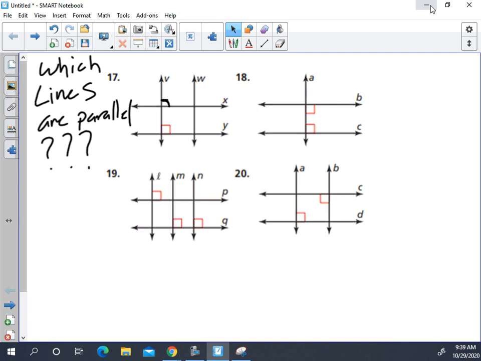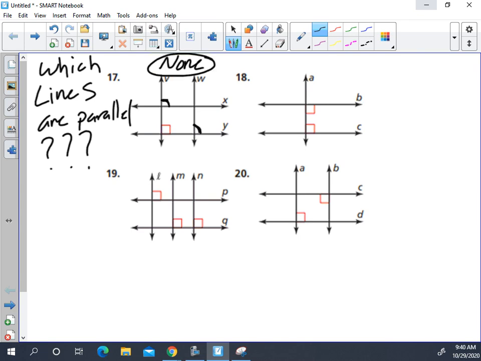So X and Y are not parallel. How about V and W? Again, if we went to a corresponding angle, this could be 89 degrees, just a little different than 90. So in 17, none of the lines are parallel from the information we got. We don't have enough information to say that any line is parallel.